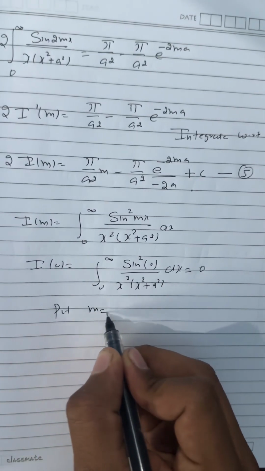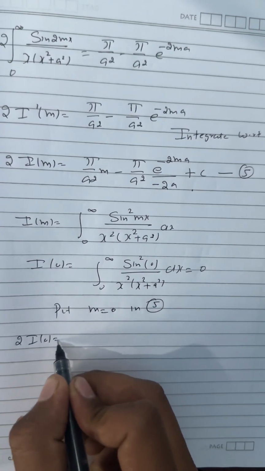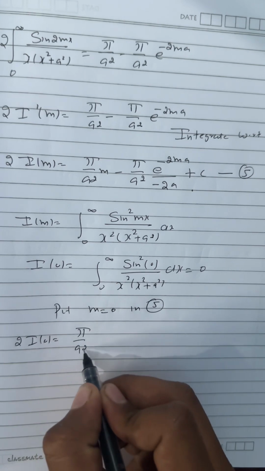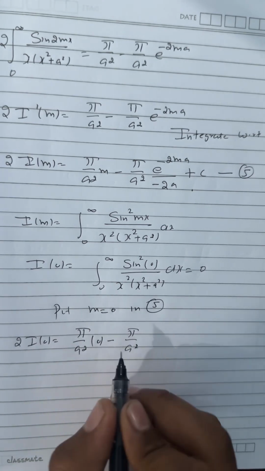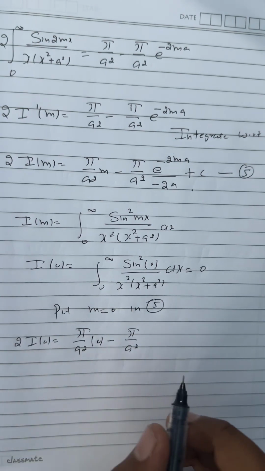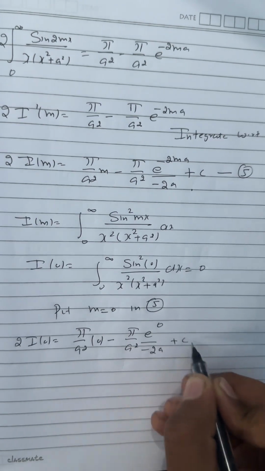Put m equal to 0 in 5. So 2 times I of 0 is nothing but pi by a square multiplied by 0, minus pi by a square, sorry, okay, e raised to power 0 divided by minus 2a, plus c.